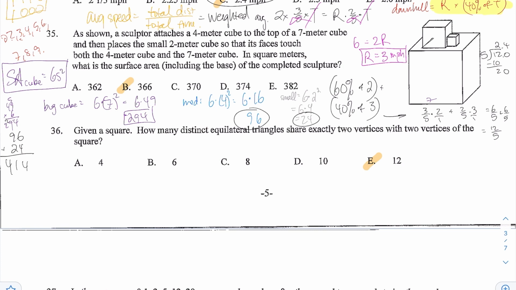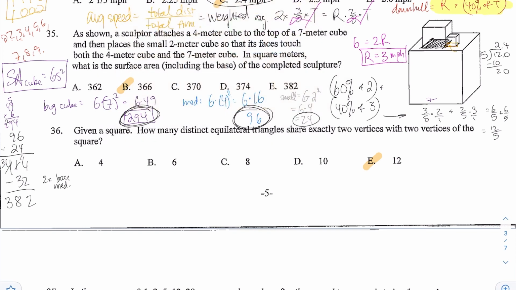So for example, the base of the medium cube, we added it twice in this 96 and this 294. So you actually have to subtract 32. 2 times base of the medium. Which gives 382. And then same thing for the base of 2 here.